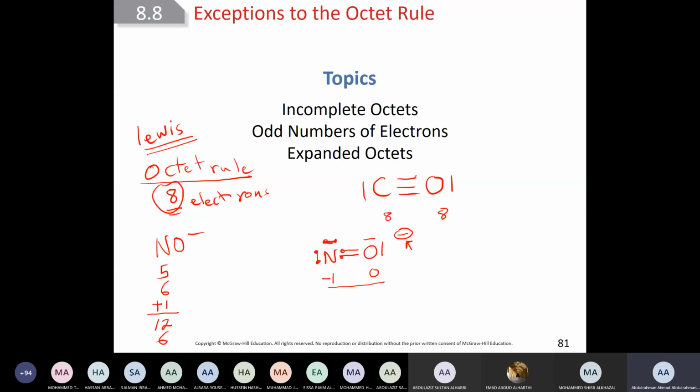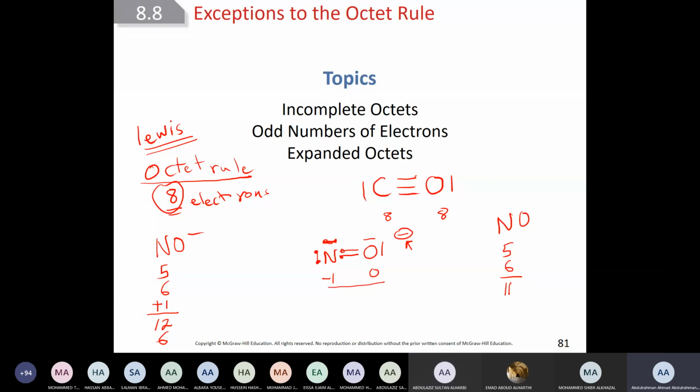Now, I want you to draw the structure of the NO molecule. Can you draw the structure of the NO molecule? What's the number of electrons in nitrogen? 5. How about oxygen? 6. How about the total? 11.